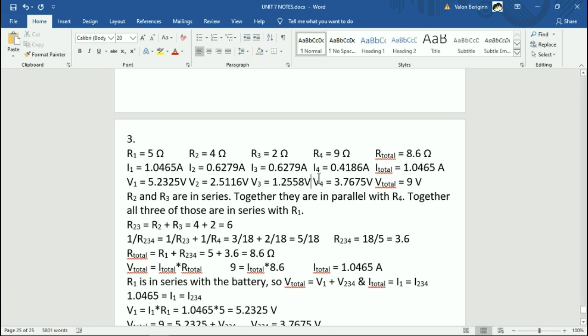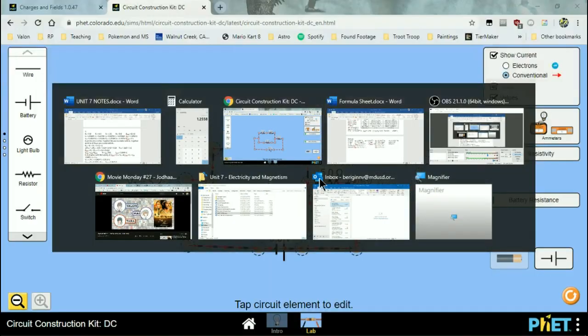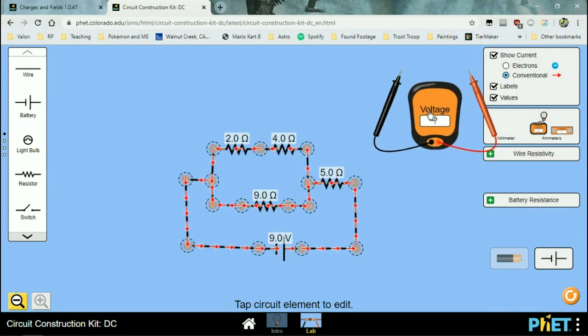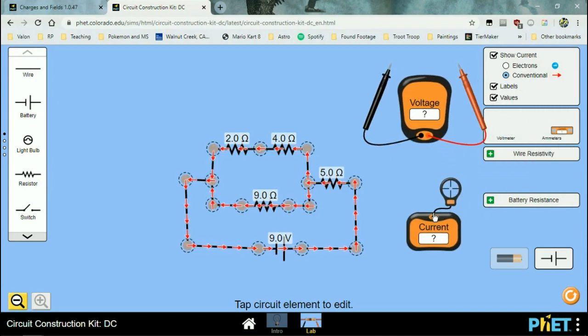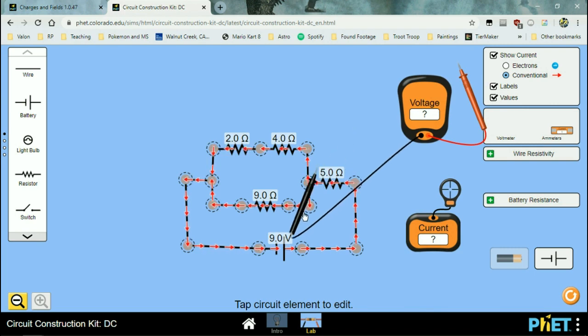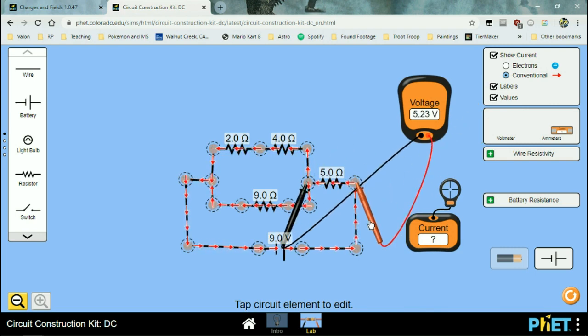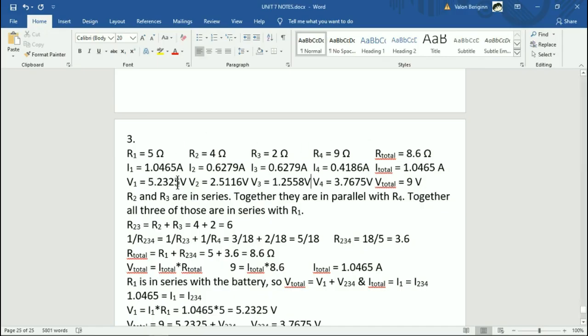Now let's see if, since we have the circuit built, our numbers line up with this. So here's the voltmeter. I always forget which order we want. Okay, so V1 should be 5.23. Okay, good.